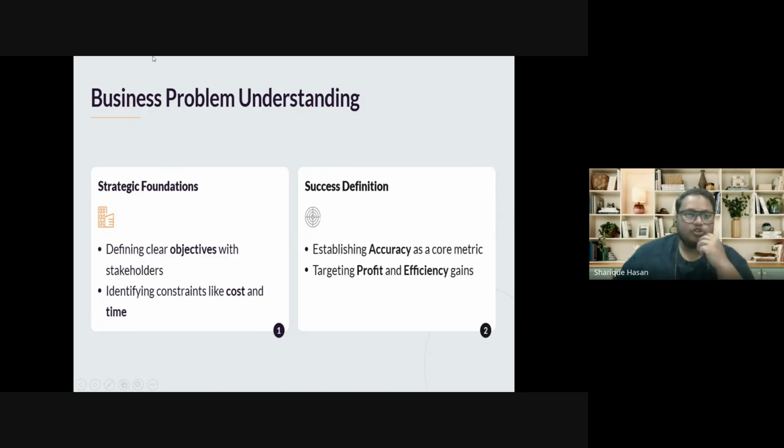One of the first points is defining clear objectives with stakeholders. You want to define the problem: what we are facing, how we are facing it, and what to do about it. The second is identifying constraints like cost and time. If you want a solution to a problem, it is not easy to get, and you have to consider the cost.